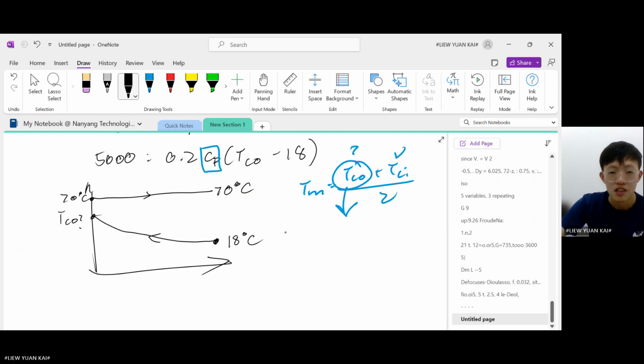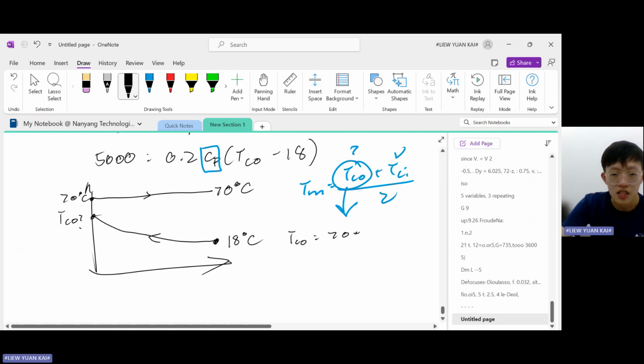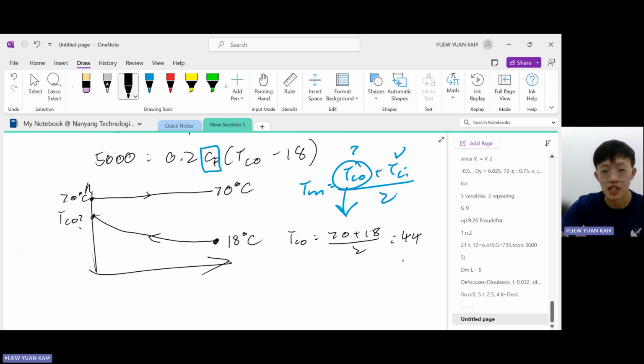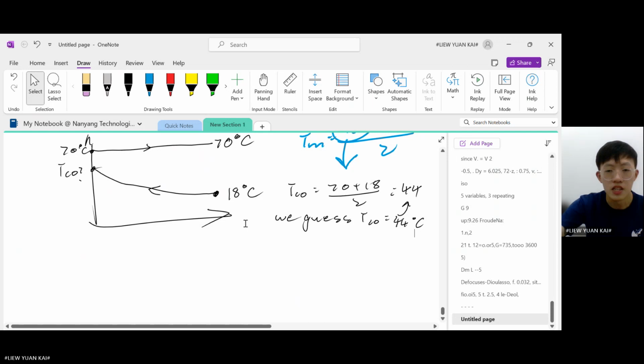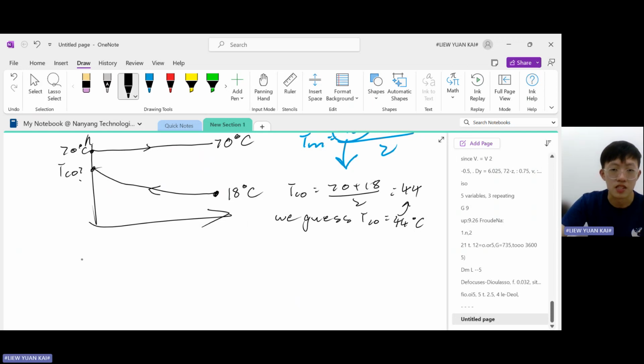So our guess is that TCO is equal to (70 plus 18) divided by 2. Put this in your calculator, you should get 44. Okay, so this is just a guess. So we guess TCO is equal to 44 degrees Celsius. So you initiate the problem by starting out with this guess.